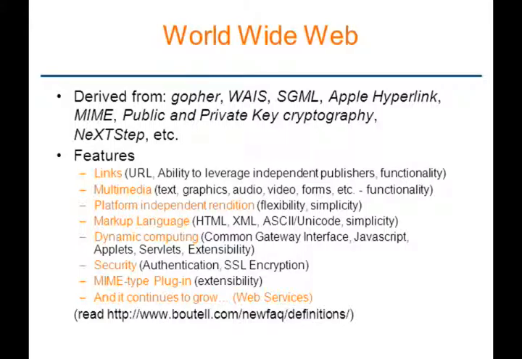Then, as a programming environment, World Wide Web encouraged dynamic computing. We'll look at this in more detail when we look at Common Gateway Interface, or CGI, which is at the server end. But on the client end, you could add something called JavaScripts, and you can create applets, servlets, and by that you could do computation, take input from the user, and send it to the backend.